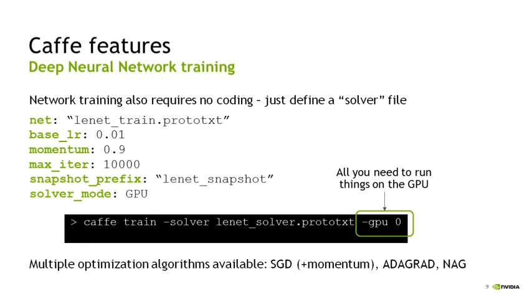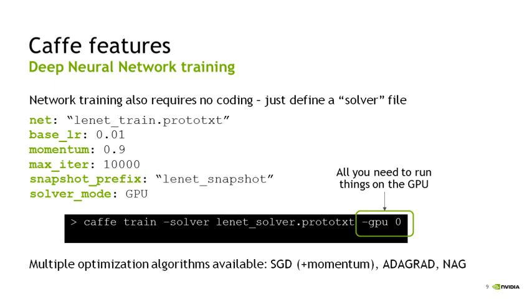So once you have defined a network architecture and you've got your data ready, you want to actually train your network, the final thing you need to do is to define what is called a solver file in Caffe. The solver file is another .prototxt file that uses this protobuf format that I previously mentioned. And in this file, it's actually typically a much smaller file that lists the parameters of your neural network training algorithm.